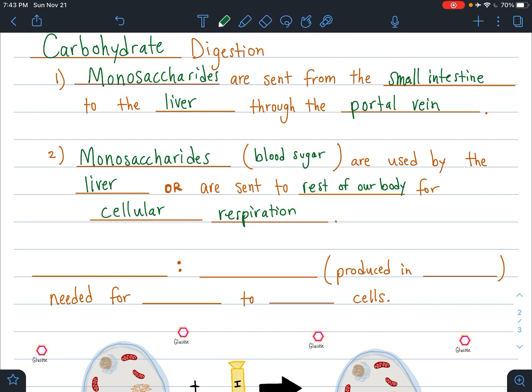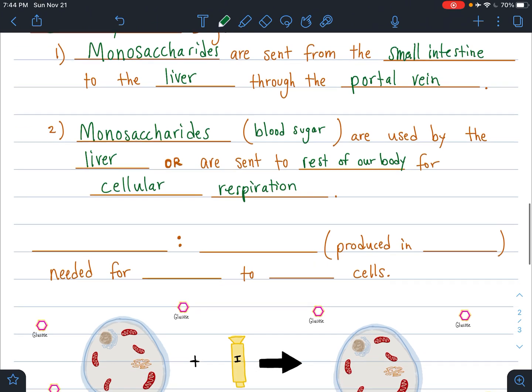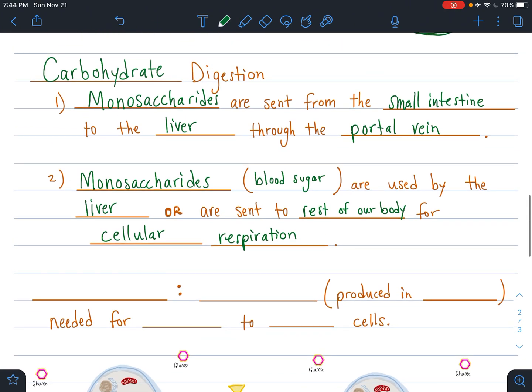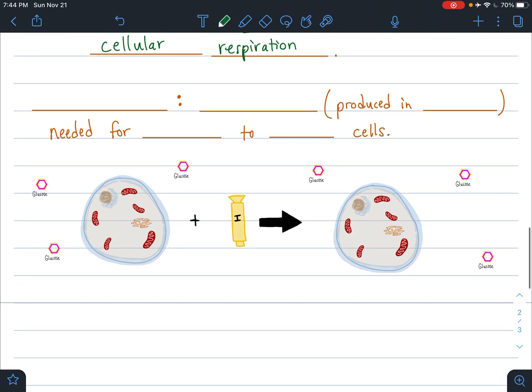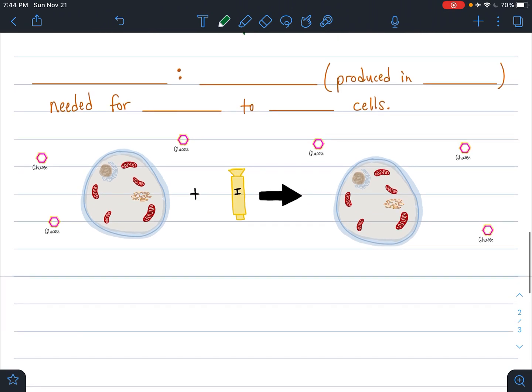But we have to make sure that our liver is functioning well. So the liver has priority with our monosaccharides, and if our liver is not using those monosaccharides, then the monosaccharides are sent to the rest of the body for cellular respiration, so that the other cells in our body can create that ATP energy. Now, once those monosaccharides travel through our blood and are going to the other cells, they arrive at a cell, and glucose on its own, or a monosaccharide on its own, arrives at the cell and it just bounces off.